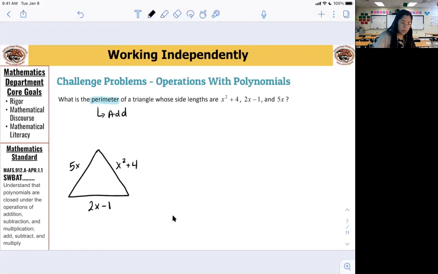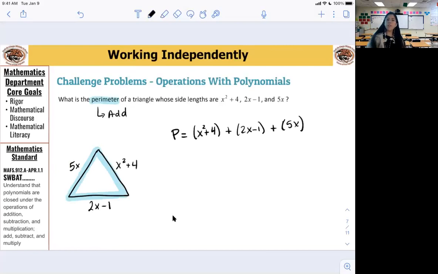If I'm looking for the perimeter, that just means I need to add up all three sides. So the perimeter would be x squared plus 4 plus 2x minus 1 plus 5x.